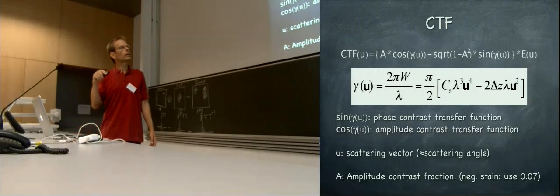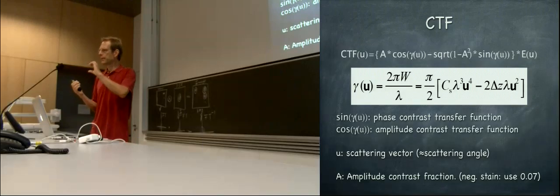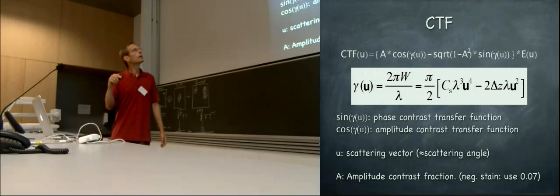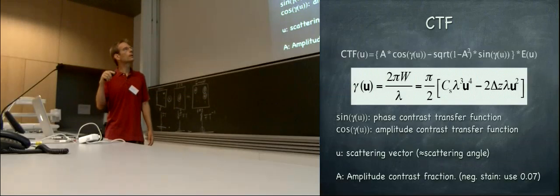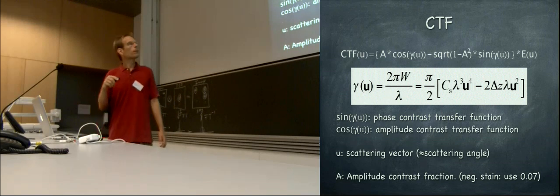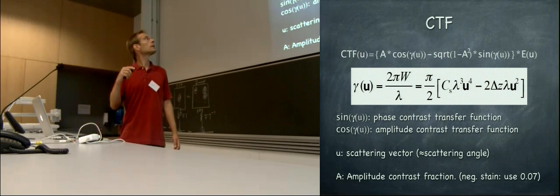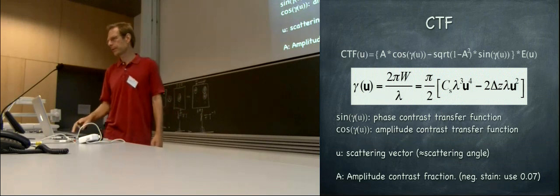And this is all multiplied or enveloped by an envelope function. I will come to that later. So in practice, with a biological thin sample, as a 2D crystal is, we effectively only have to worry about this term here, and this is then 97% or so. And this one you can usually ignore, this is 7% or some lower percentage. So phase shift with a sinus gives you the contrast transfer function.